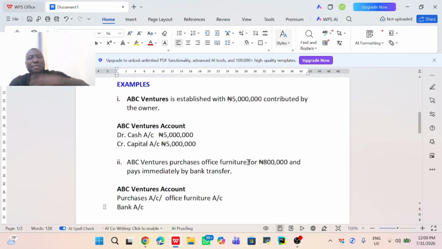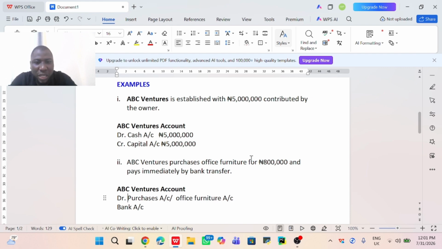You receive office furniture. For example, if you have 5 office furniture before, and you buy another one, it will be 6. That means it increases. You receive office furniture. That makes your office furniture account to be debited.